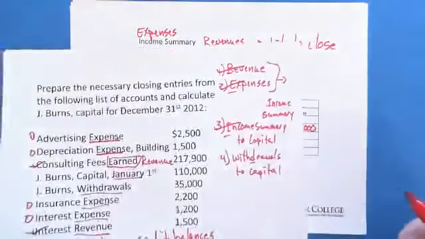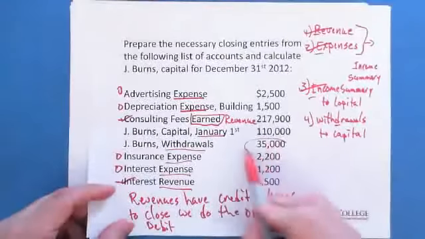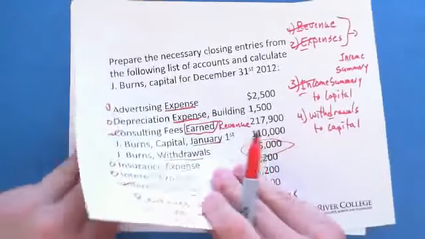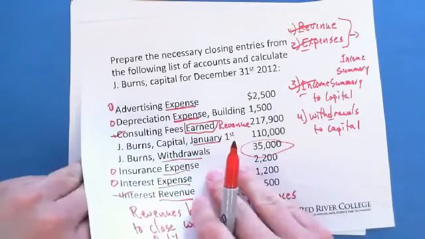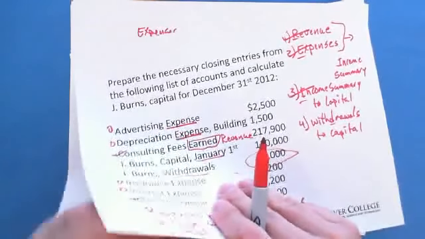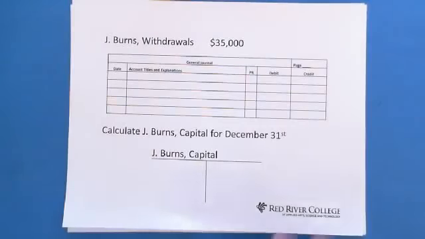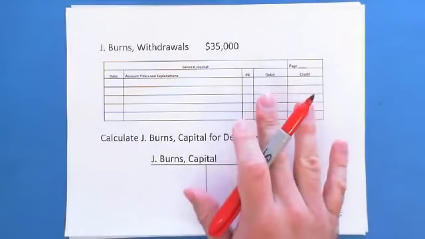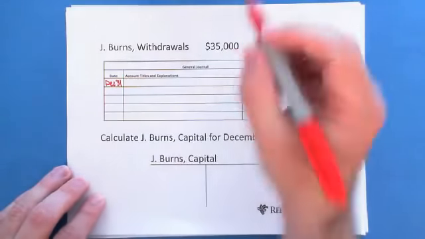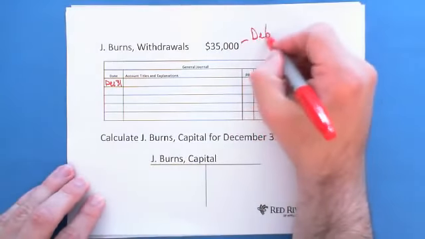So the last step is to close the withdrawals. So here's the withdrawals. Burns withdrew $35,000. So that's our step 4 now. And there we go. J. Burns Capital, our withdrawals, $35,000. Now, withdrawals have a debit balance.